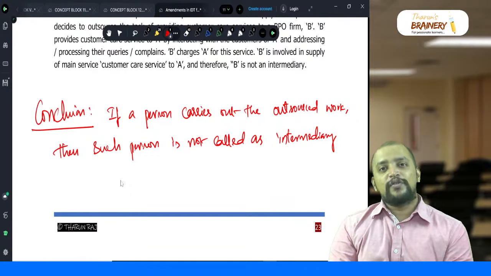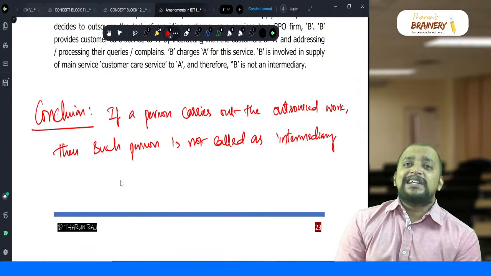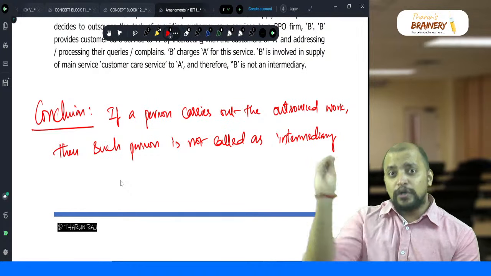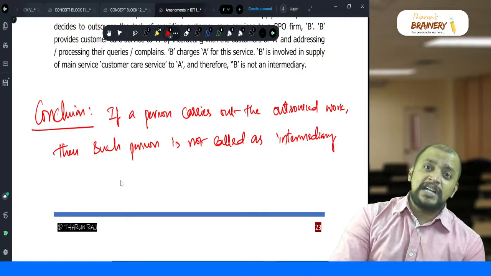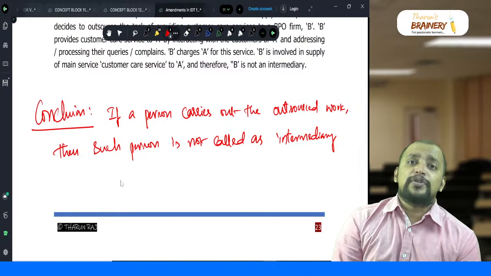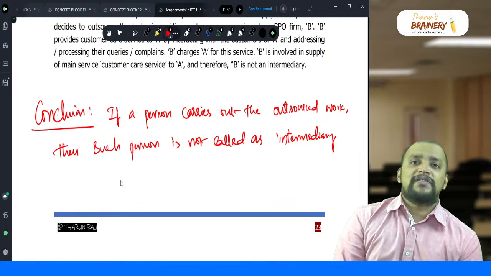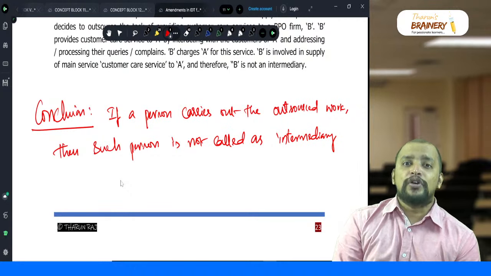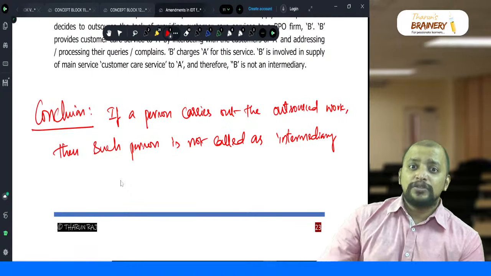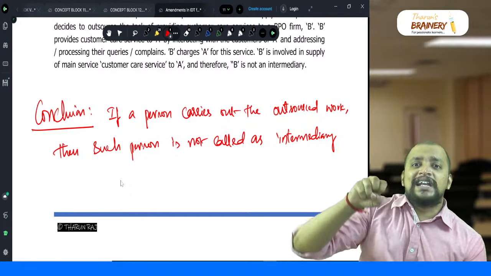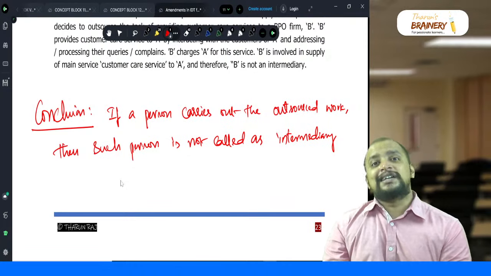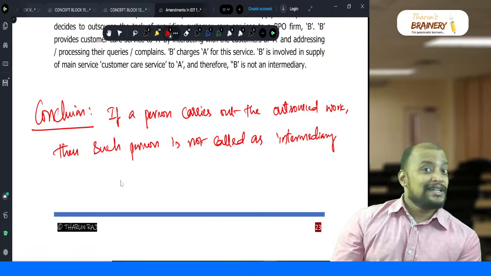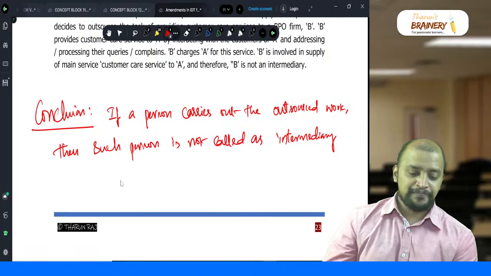So therefore, what I will do, I will identify one teacher to do this work. Now the teacher is not an intermediary. To identify the teacher, I will approach some service providers like Urban Pro, one app that is there. Through that Urban Pro, I will identify the teacher. So that Urban Pro will be called an intermediary. Understood? The teacher is not an intermediary.